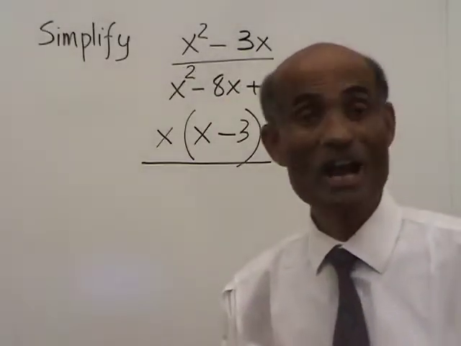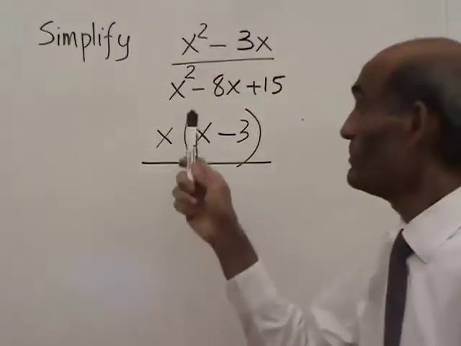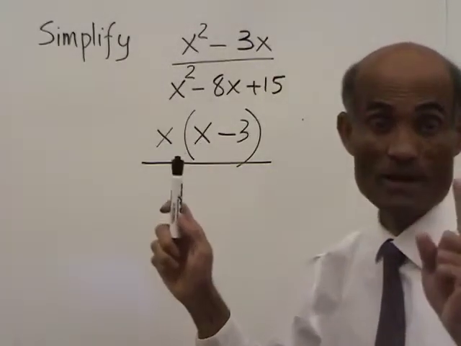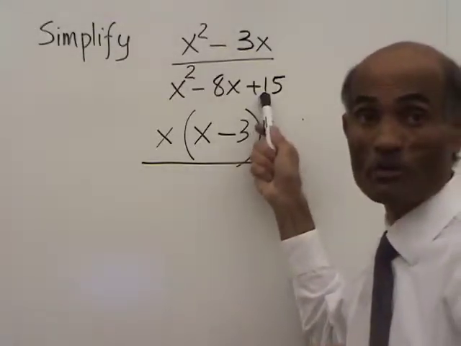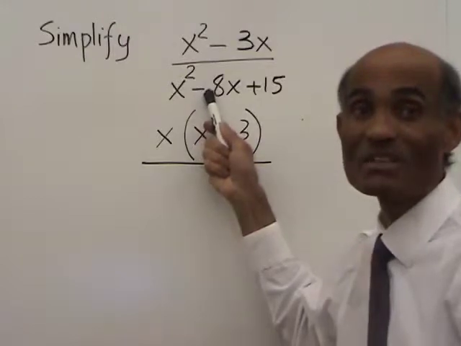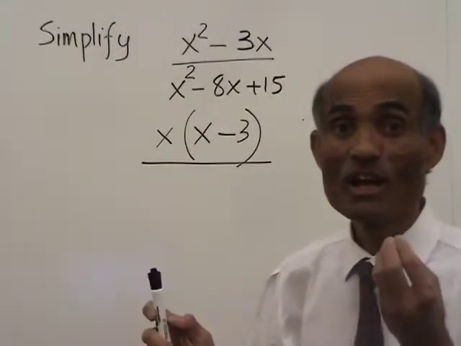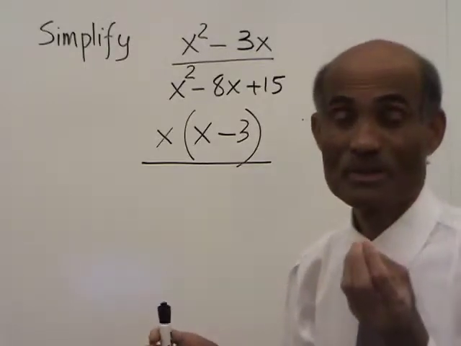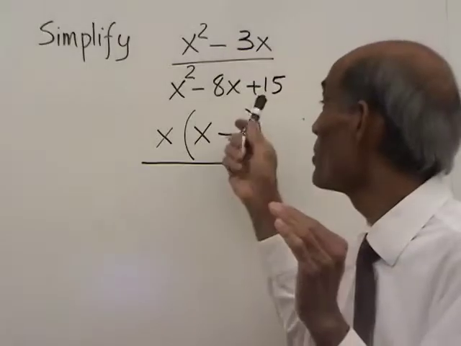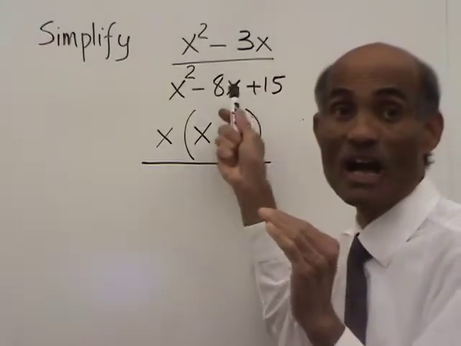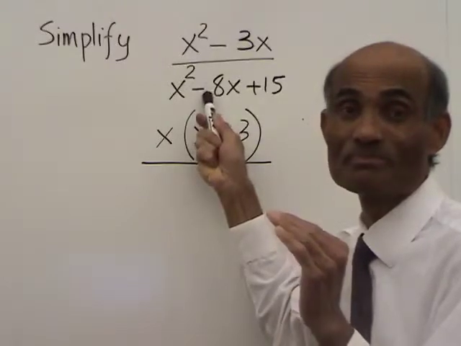X squared minus 8x plus 15 is a trinomial, and you can tell me how to factor that. The coefficient of x is 1. That makes it very simple. The last term is positive. The middle term is negative. That means both factors of 15 have to be negative. Give me two numbers when multiplied will give you positive 15 and when added to give you negative 8.